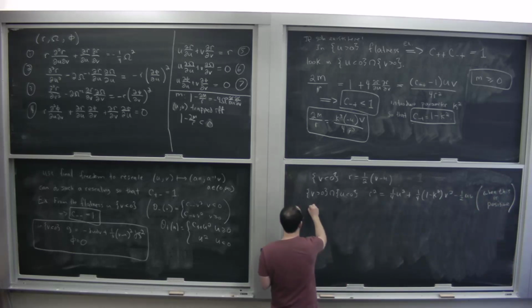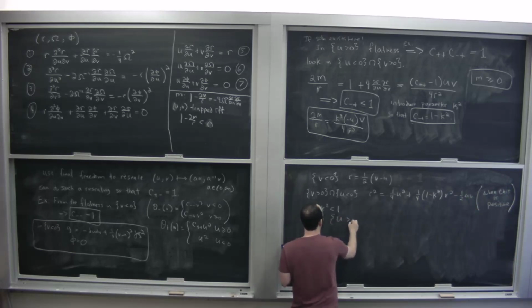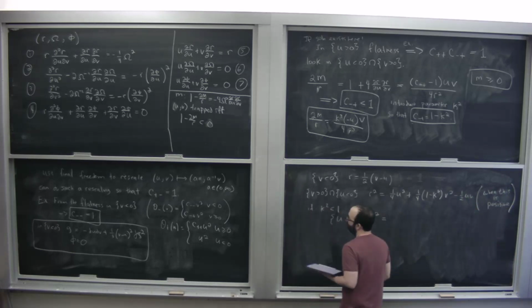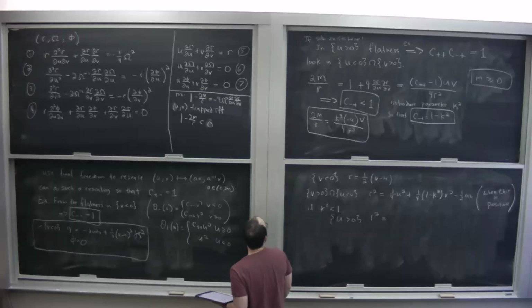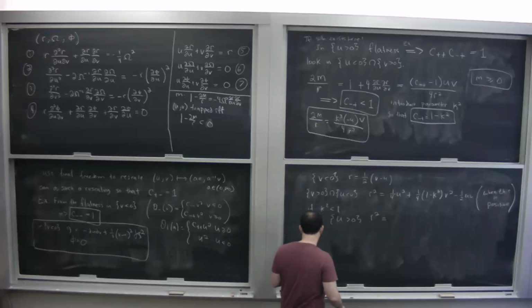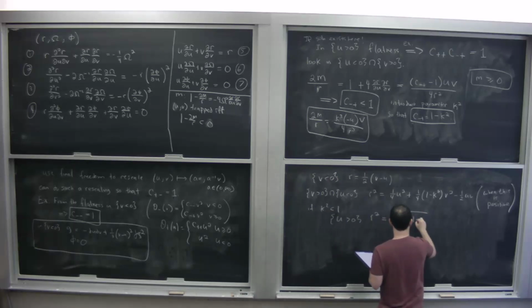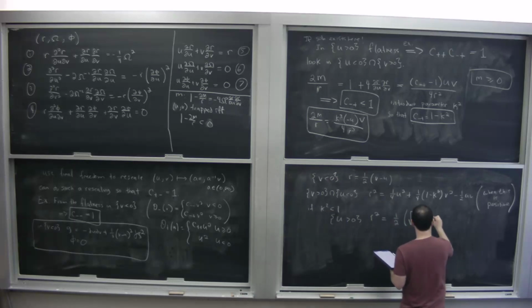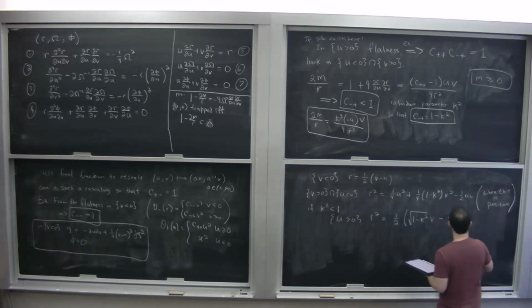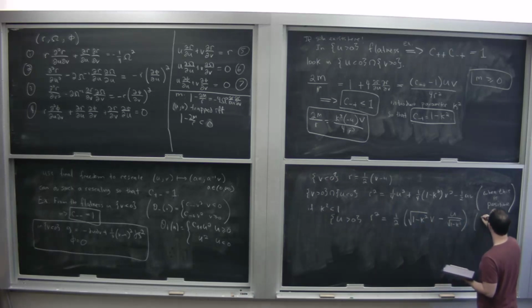And then, if k squared is less than 1 in some region of u greater than 0, using this thing about them multiplying to 1, you can see, if you work it out, that you have to have this, when this is positive.